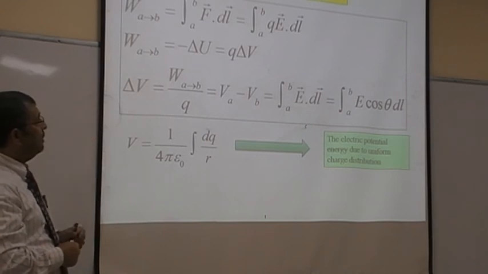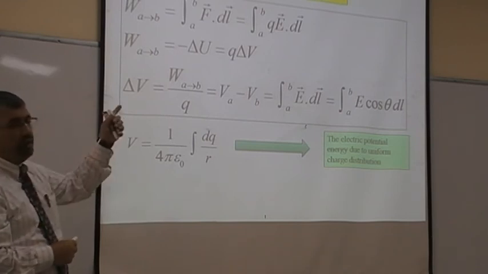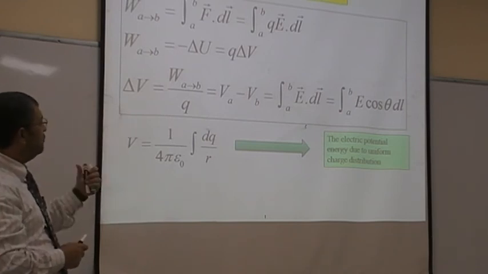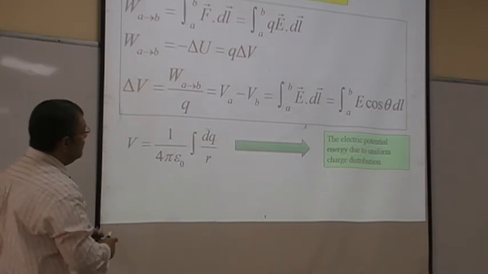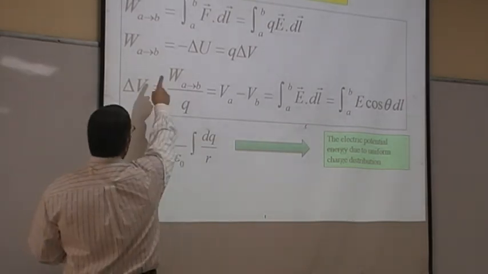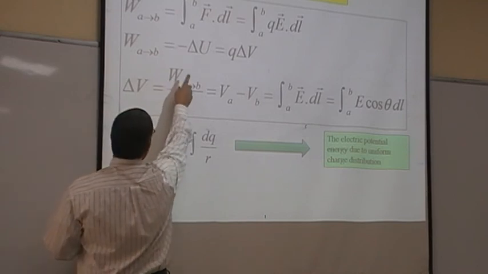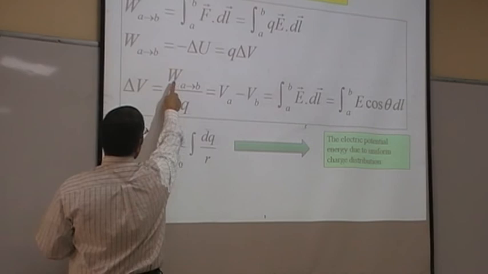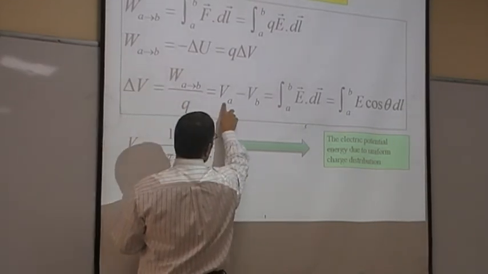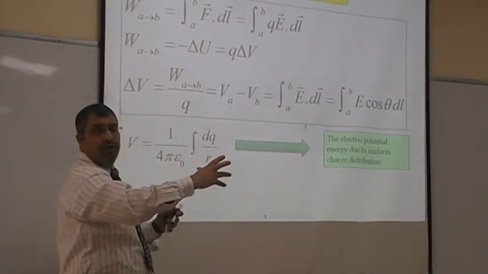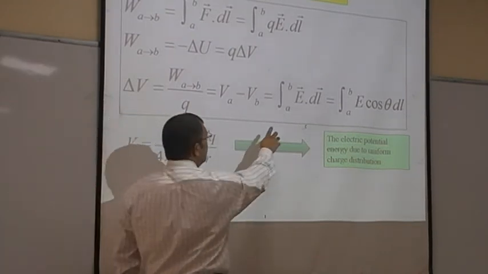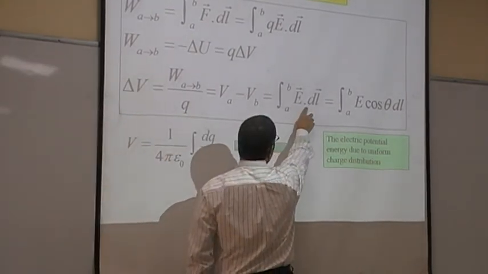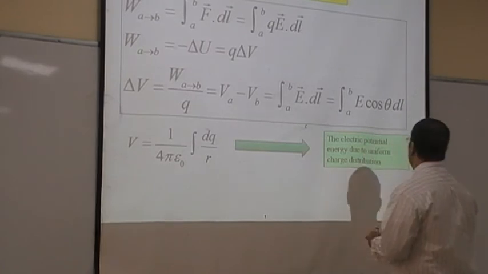If I substitute for F with the electrostatic force, and q is positive, q will come out, and then I have W over q, which is simply V_A minus V_B, the voltage difference. And that is defined as E dL, or E cosine theta dL.